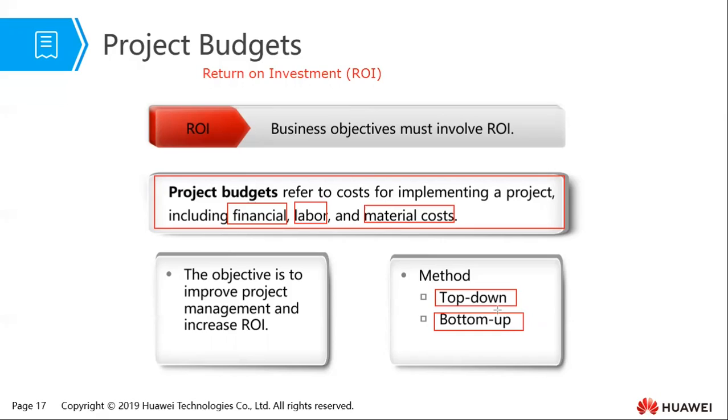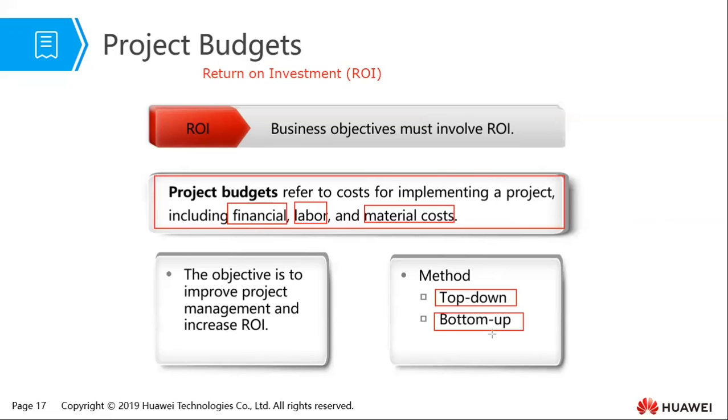So here we depend on historical data. We did a similar project in University A. They have the same number of students, same number of staff, or approximately the same. It cost us 20 million. So we project that here, it's also going to cost us 20 million plus or minus 15%. So that's the top-down.